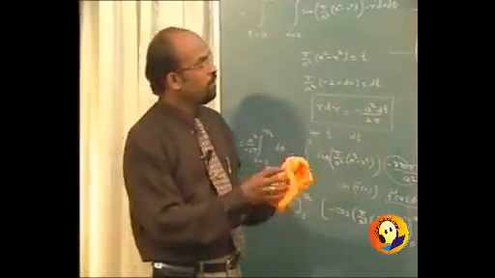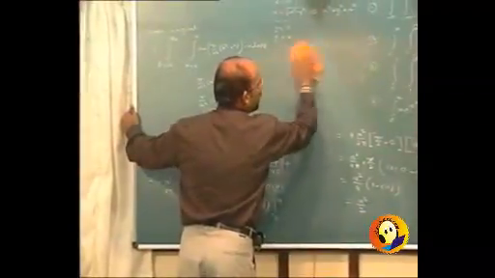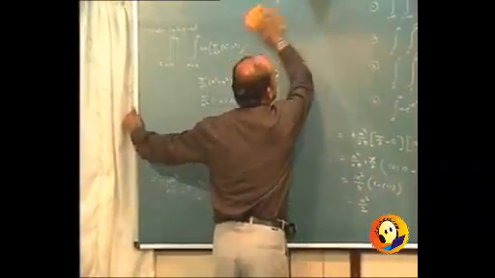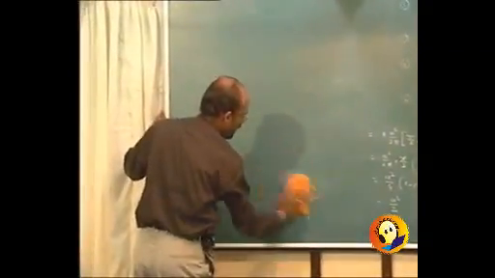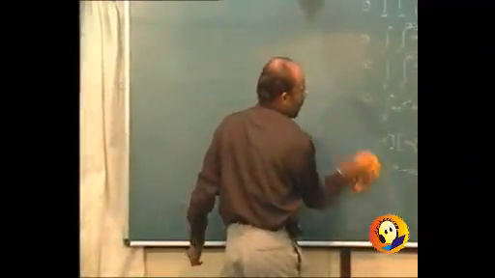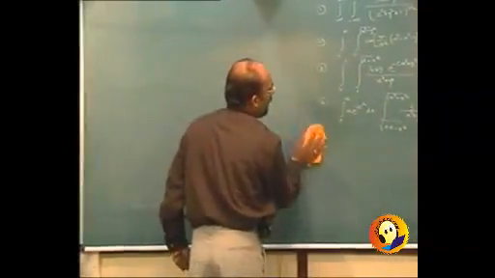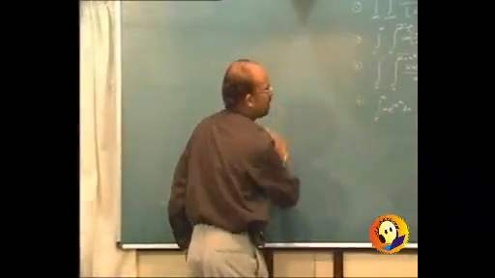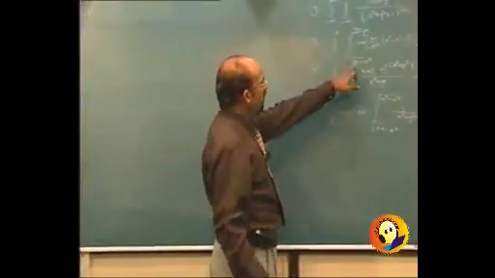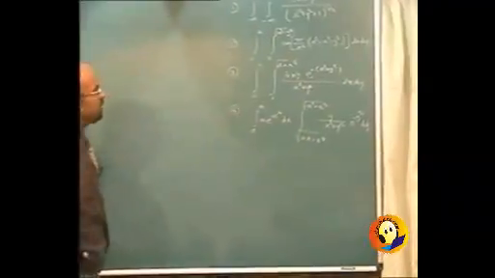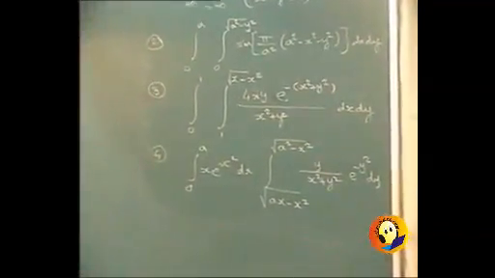We proceed to the third case where we find that the limits are in terms of x. That means he has taken strips parallel to y-axis. On strip y is varying from y equal to 1 first of all to y equal to under root of x minus x square, and such strips he has taken from x equal to 0 to x equal to 1.